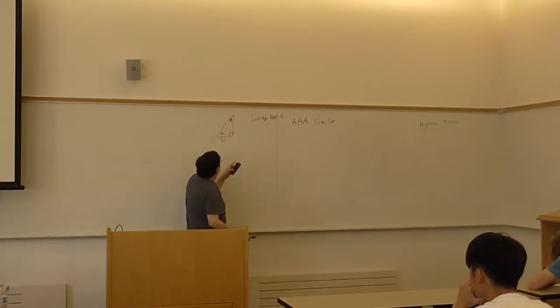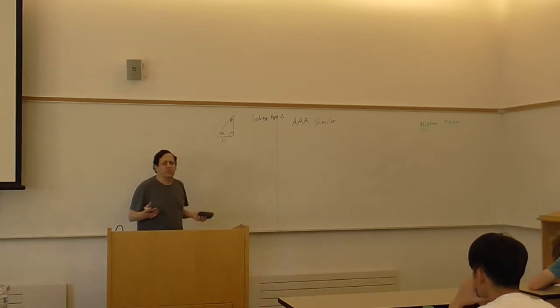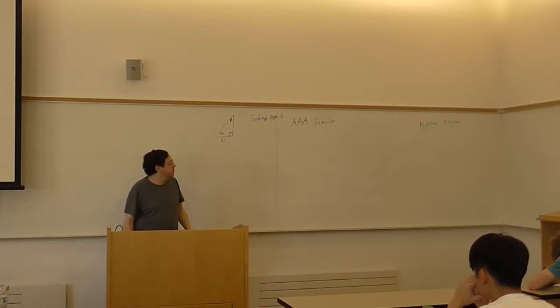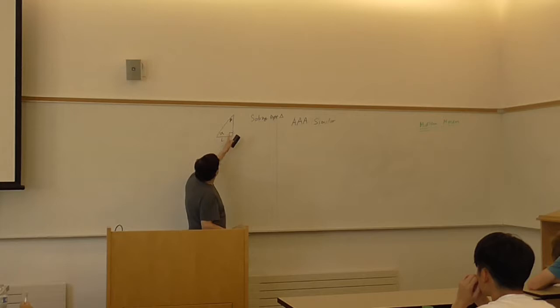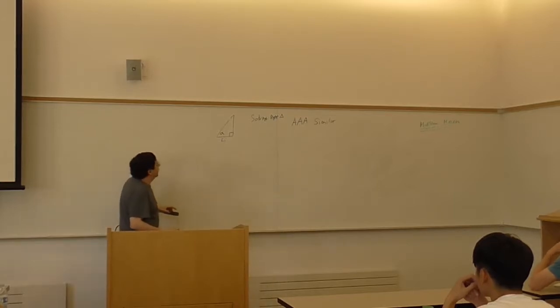The important thing to realize is that just knowing alpha and beta doesn't really allow me to solve this triangle. Incidentally, I don't really need to know alpha and beta to know this is a similar triangle, to know 2 triangles like this are similar.